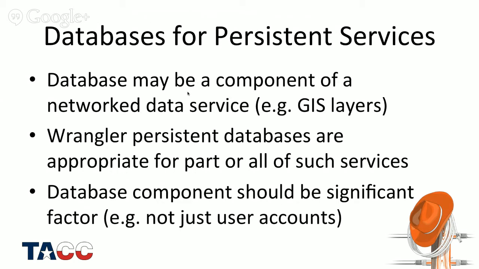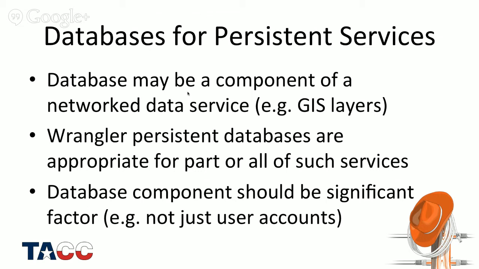I also want to highlight the fact that databases are often part of these more complex stacks of network data services, like in the GIS example, where you have a server that sits on top of the database and actually provides things like maps. This is a really good example of where the Wrangler persistent databases are appropriate.